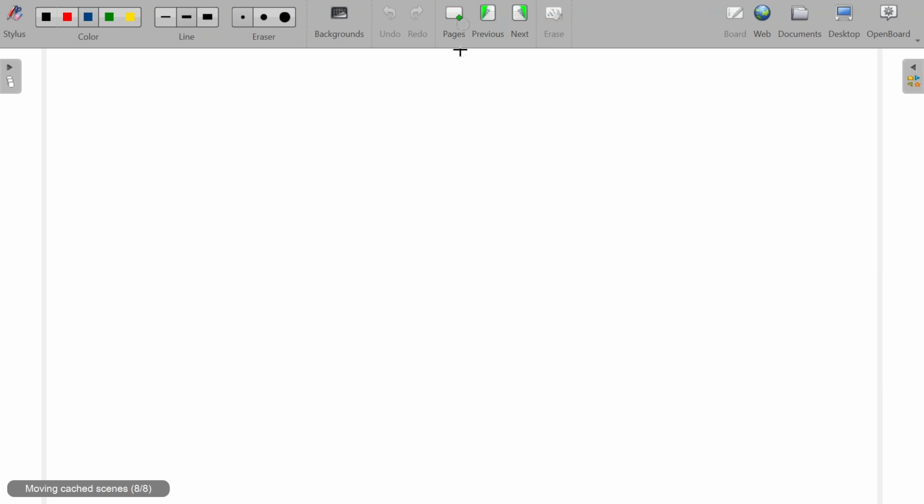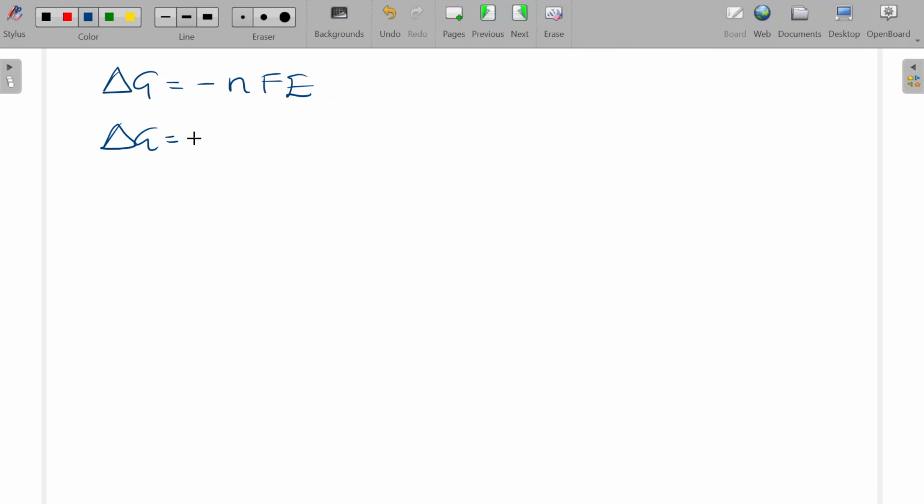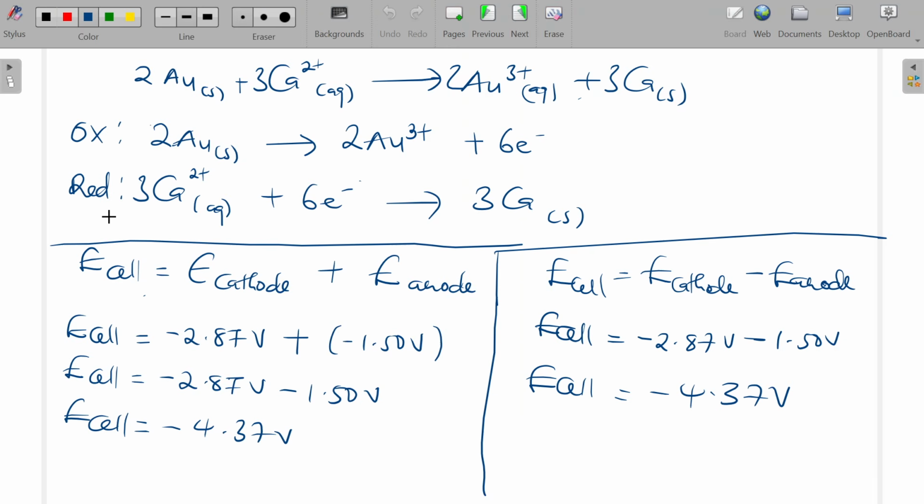The question now is finding the Gibbs free energy. So you just say change in G is equal to negative nFE. What is n? n is the number of electrons transferred. How many electrons have been transferred? 6 electrons.